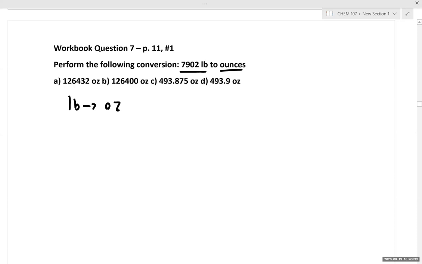I'd like you to spend about 3 to 4 minutes working on this problem. The first order of business is to go check our table of conversion factors, and I'd like you to tell me the relationship between pounds and ounces.